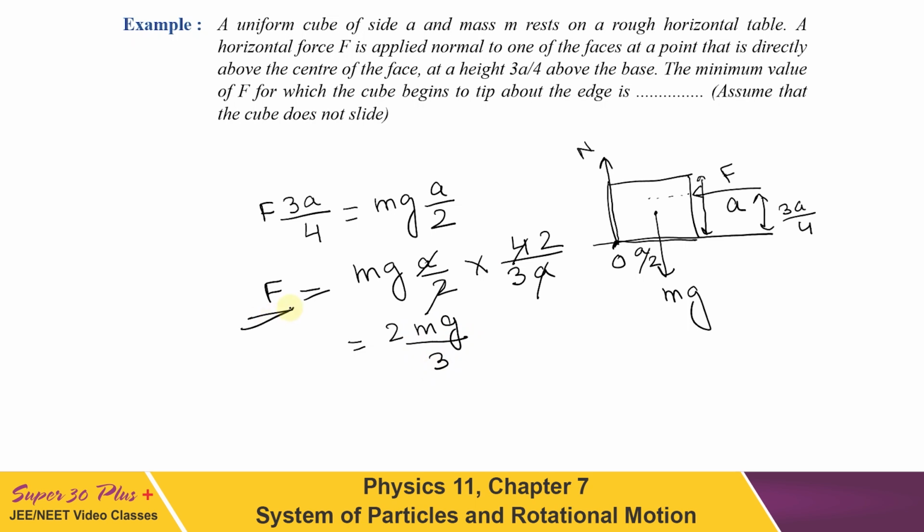This F I have calculated for the limiting condition where the net torque about O is 0. So if F exceeds this value, then it will start toppling about O. So this is the minimum force required. F minimum can be written as 2 mg upon 3.